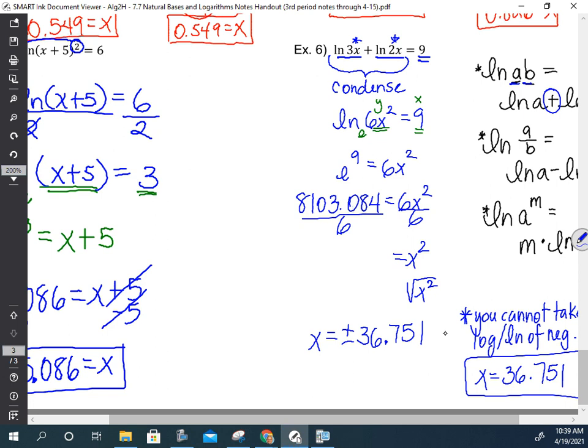So this is 1350.514. Zero to the base. Take the square root of x. 36.749.